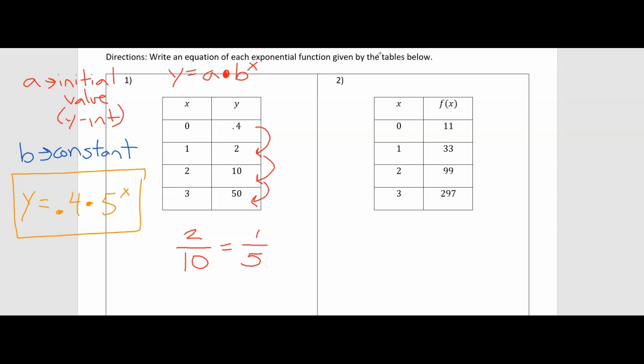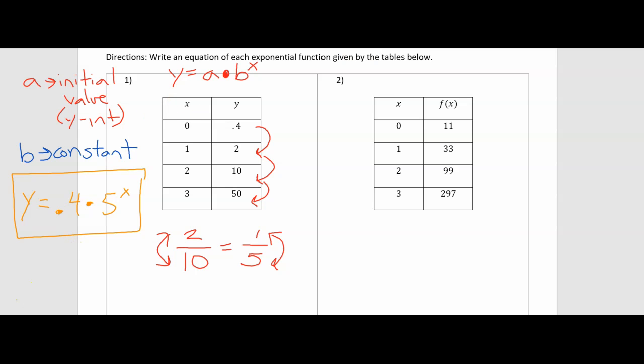It would get it closer to 0. But these y values are going away from 0. They're getting larger. So in this case, 1/5 would not make sense for the constant ratio. And you'd realize that I actually need to switch these numbers, and that will give me the correct constant ratio, 5/1 or just 5.